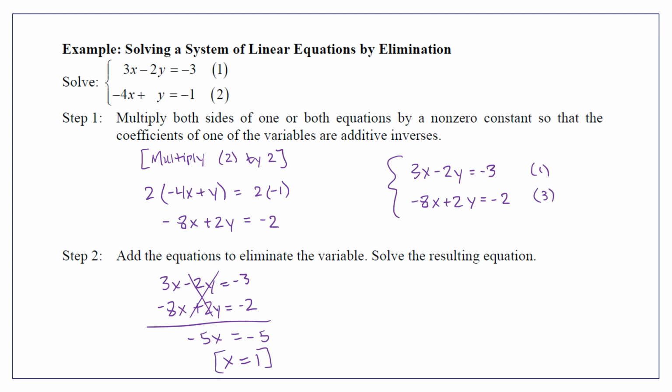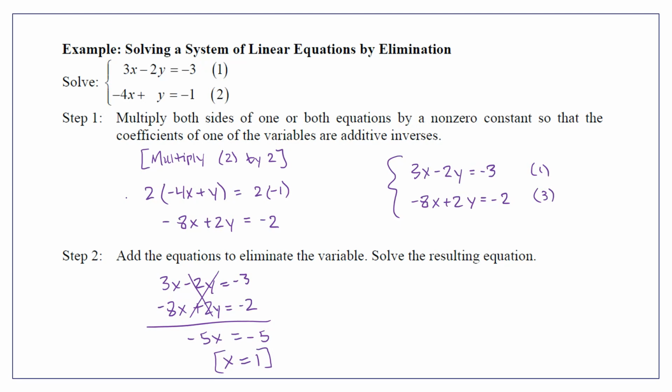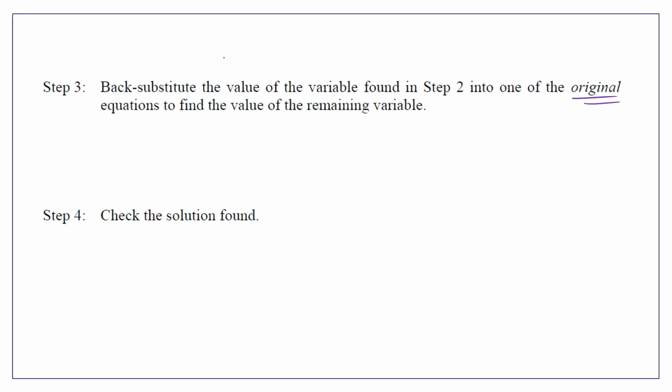All right. So now we want to back substitute the value of the variable found in step 2 into one of the original equations to find the value of the remaining variable. And that's key. You want to take that variable that you found and substitute it into one of the original equations. Since I created an equivalent equation for number 2, I'm going to substitute it into number 1.